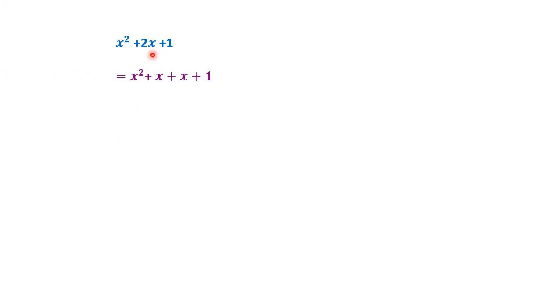I have split the middle term. We know that the product is 1 and the sum is 2. So we are going to find two numbers whose product will be 1 and whose sum will be 2.